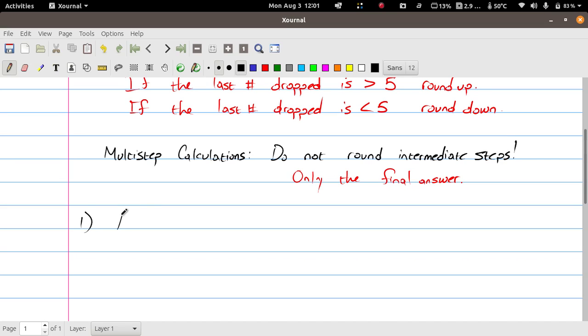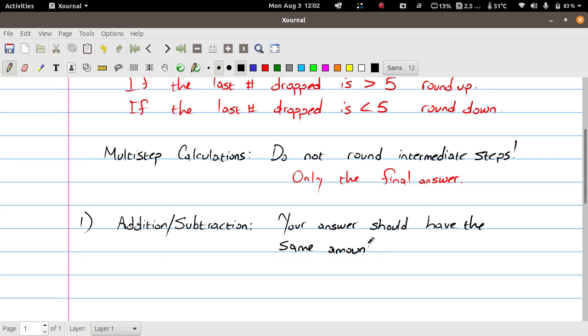Okay. So for addition and subtraction, your answer should have the same amount of decimal places as the number with the fewest decimal places.